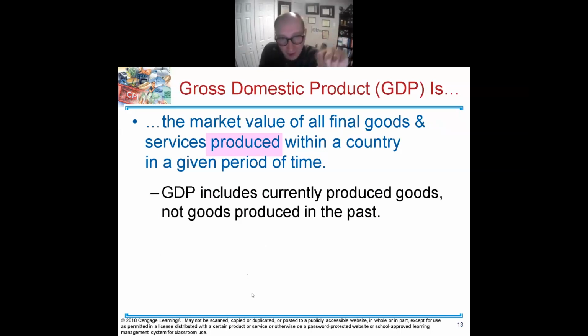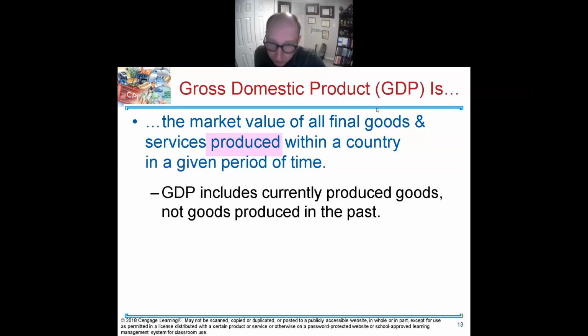Okay, produced. Again, we're looking at products being produced during this time period. Currently produced goods, not goods that were produced in the past. And production is the manufacturing process of goods, right? That's what produced means. And of course, services performed in the current time frame.